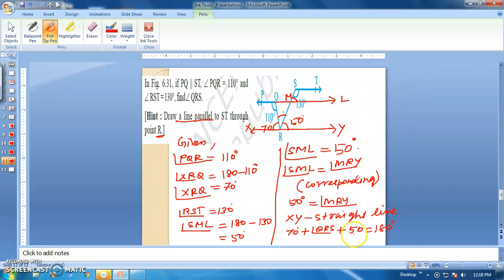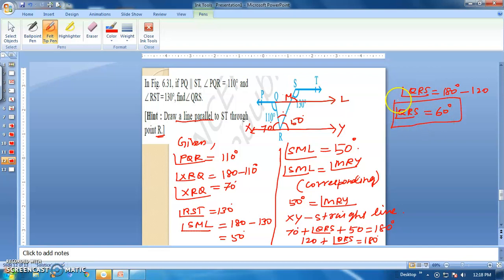So when we add this 50 and 70, 120 will come, plus angle Q or S equal to 180 degrees, right? Therefore angle Q or S equal to 180 degrees minus 120, transposing this 120 to that side. So angle Q or S equal to 60 degrees.